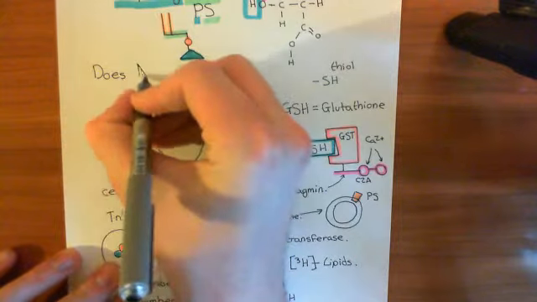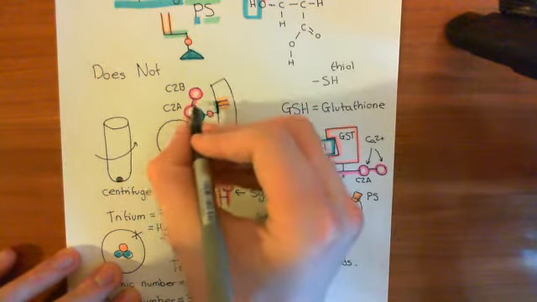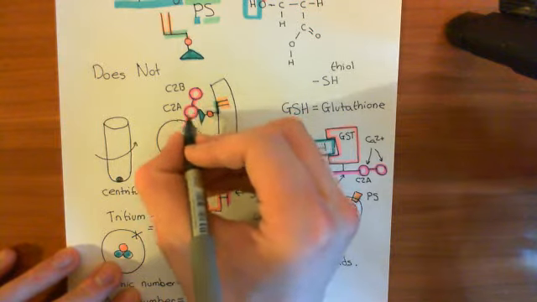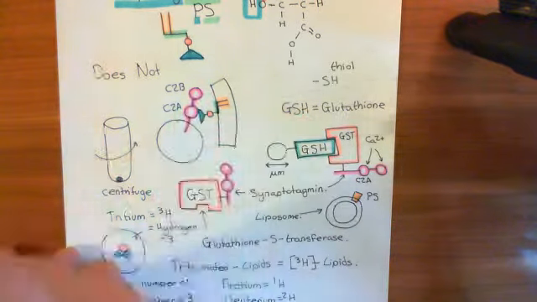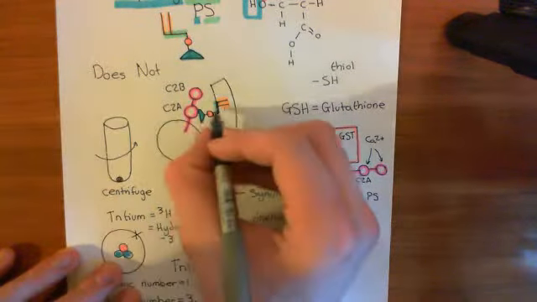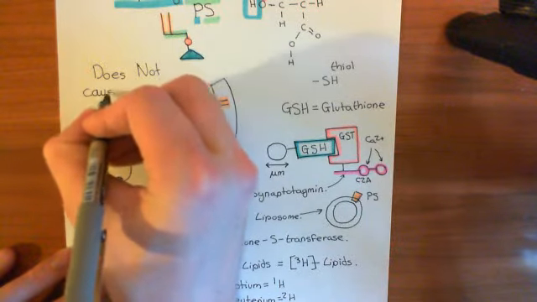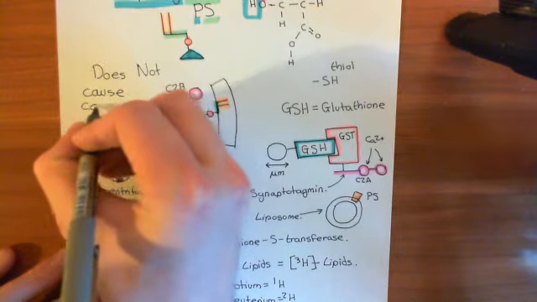Instead, all it does is raise the electrical potential of both of these domains. So they become more positively charged, and that's why they can now interact with these phospholipids, because the phospholipids have a negative charge.